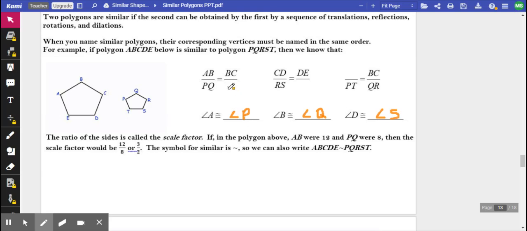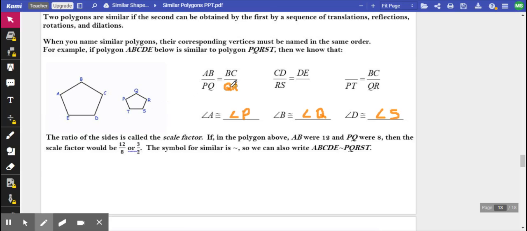If we're thinking about sides, there's kind of different ways you can set up proportions, but we'll talk about that in a second. For this first one, AB to BC, the 2 sides right next to each other, would be PQ and QR. And then continuing on, we got CD and DE right next to each other again.